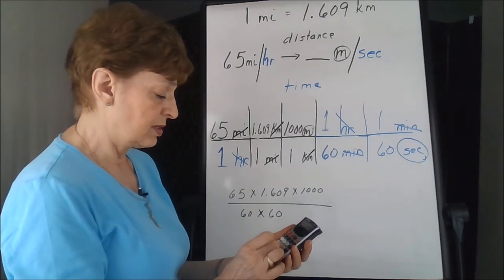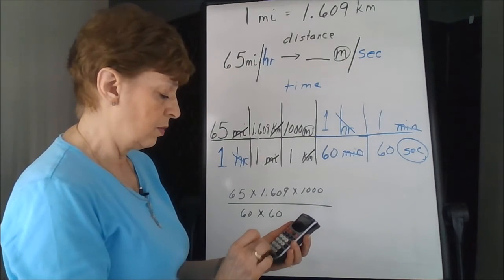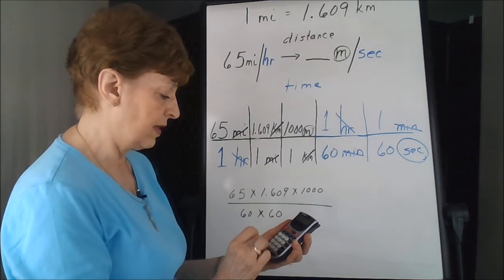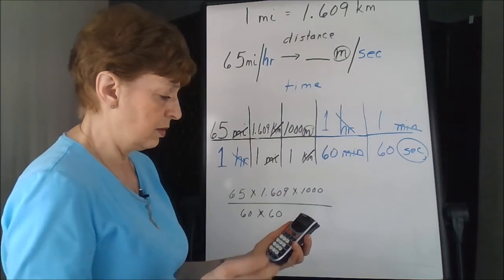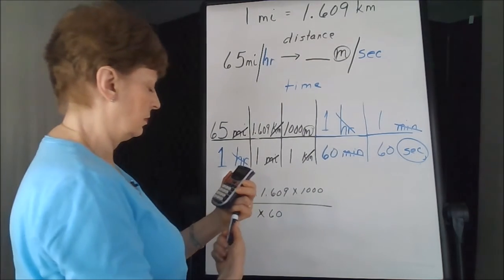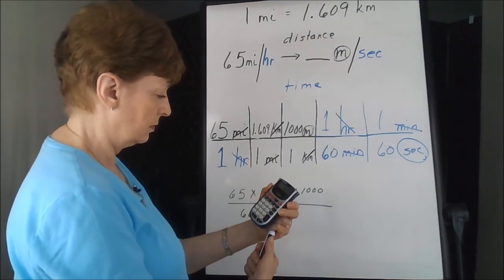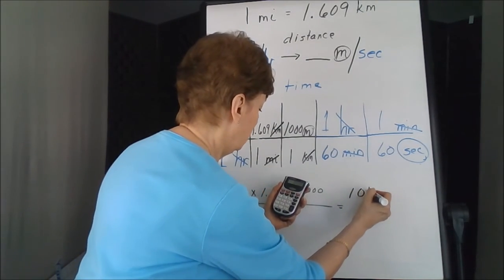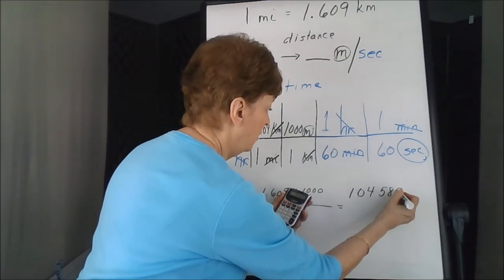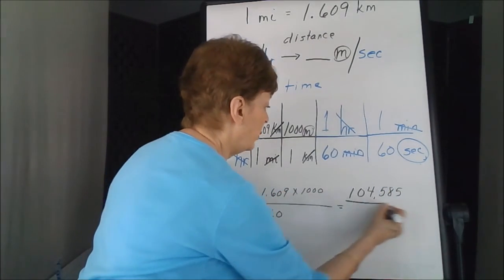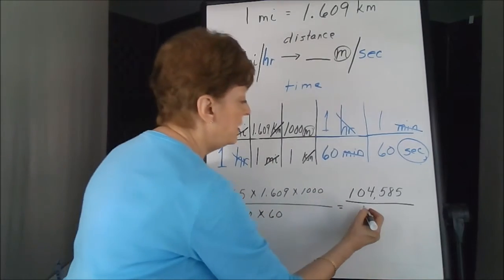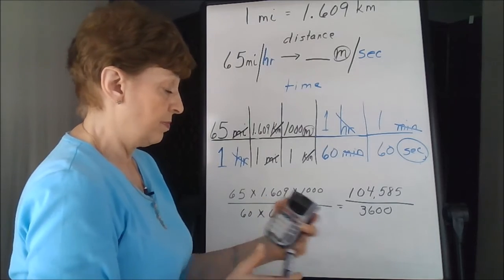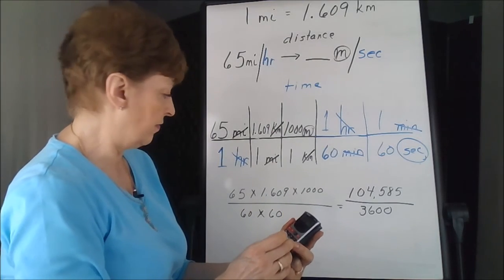So 65 times 1.609 times 1,000 is equal to, and then we're going to divide by 60 times 60 is 3,600. Again, I'm pretty sure that most of us would grab the calculator for these.